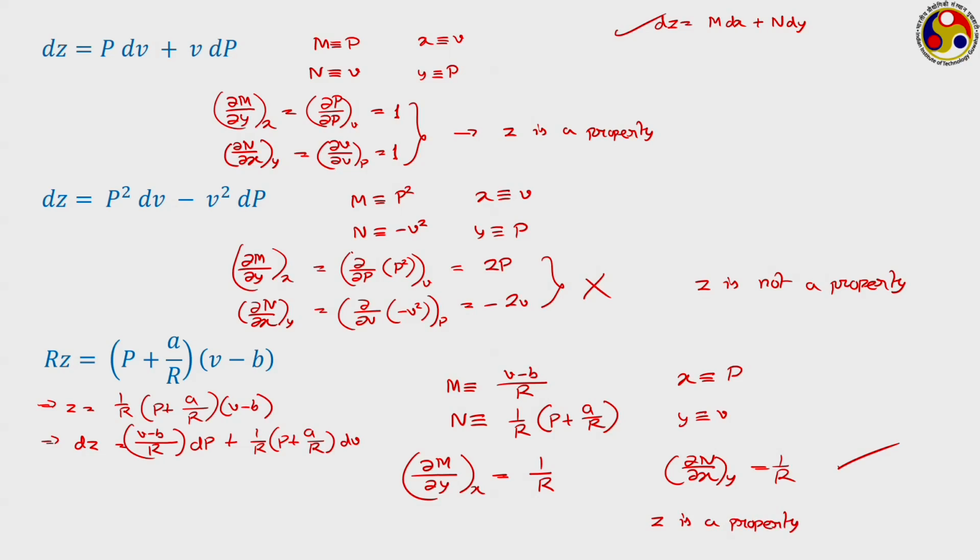This way we can identify any parameter. Once we know the relation of this Z with X and Y, then we can easily identify if it is a property or not. This particular formulation we are going to make use of in today's work.